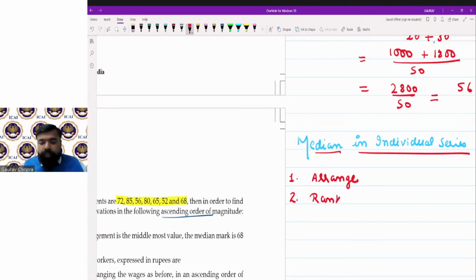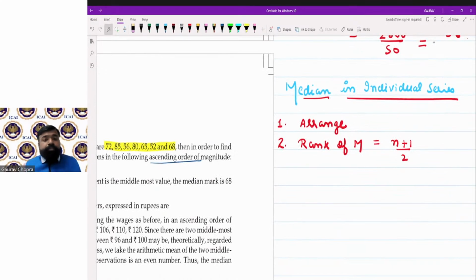And the second step is to calculate the rank of median. Median is denoted by capital M. So the rank of median is n plus 1 upon 2. This is the rank of median.